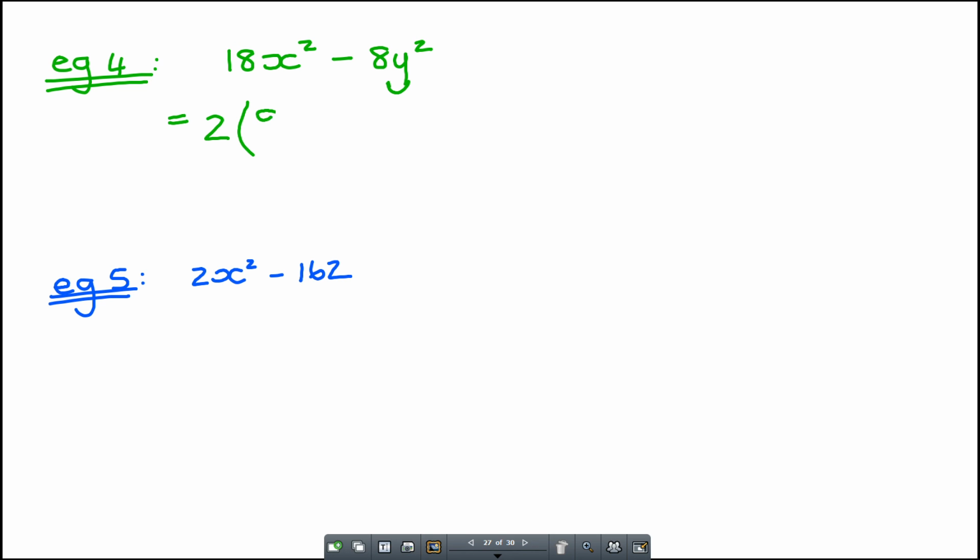So this will become 9x squared minus 4y squared. We know that 2 will stay 2. But look at the bracket. Have I now got 2 terms? Is there minus in between? Can I get square root of each? Yeah, so now I can do difference in 2 squares.